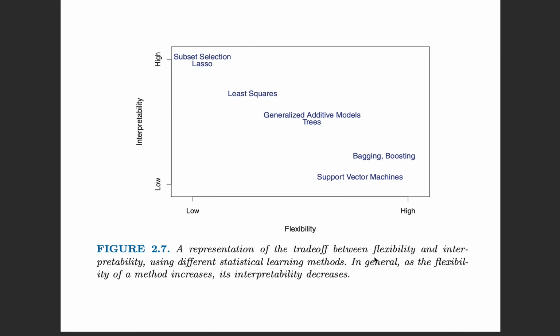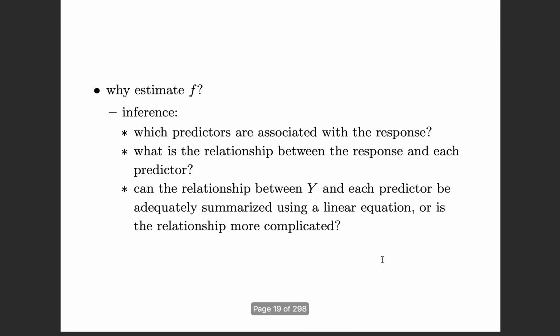Okay, so this is a good graph because it represents a trade-off between flexibility and interpretability. When you care about inference, we typically work with what we call simple models, such as simple linear regression and logistic regression, where we get the coefficients, which are either positive or negative.